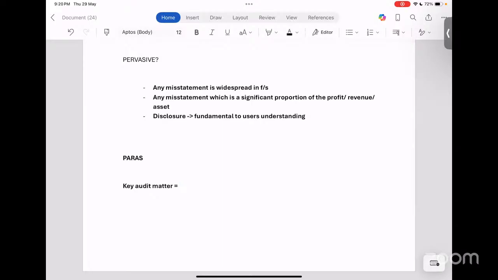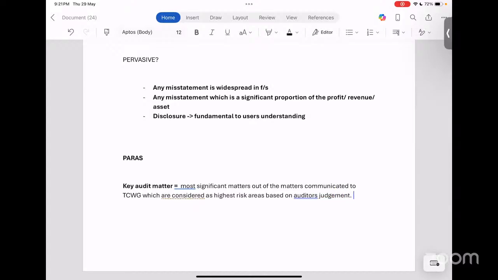Here you take out the most significant matters out of the matters communicated to those charged with governance, which are considered the highest risk areas based on the auditor's judgment. So I will take that matter as CAM, or key audit matter.